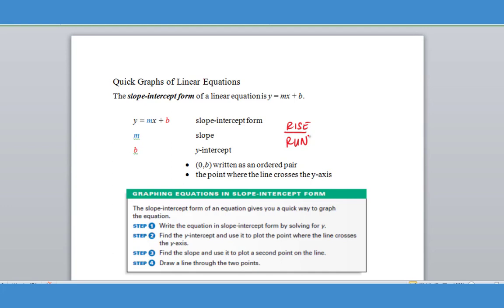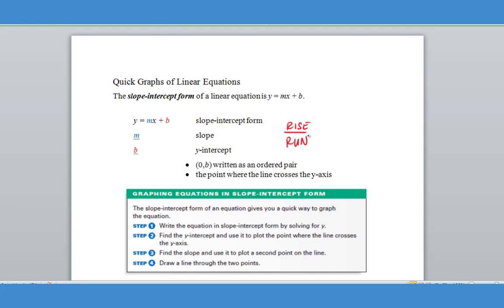That is always an option, but in this lesson we're trying to give you some options to graph these things a little quicker. Graphing lines should be an easy process, and we're hoping you're able to do this a little bit faster. So let's take a quick look at the steps involved in graphing slope-intercept form.